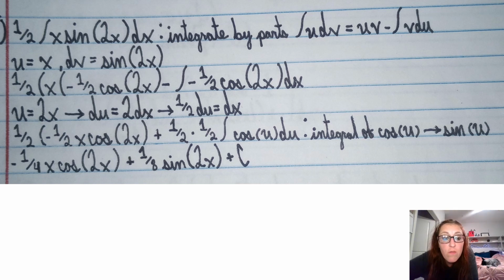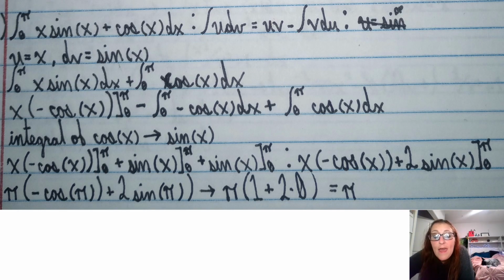Let u equal 2x, du equals 2 dx, which gives us 1/2 du equals dx. 1/2 times negative 1/2 x cosine 2x plus 1/2 times 1/2 integral cosine u du. Integral of cosine u is sine u. Negative 1/4 x cosine 2x plus 1/8 sine 2x plus c.